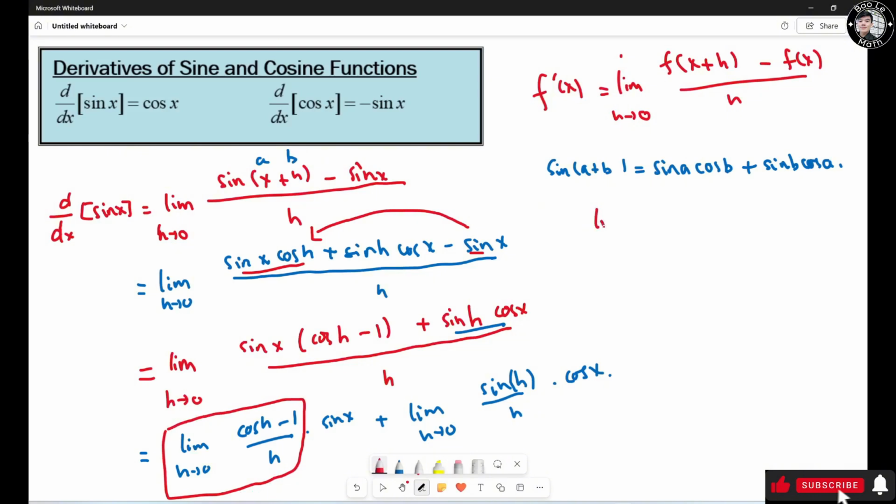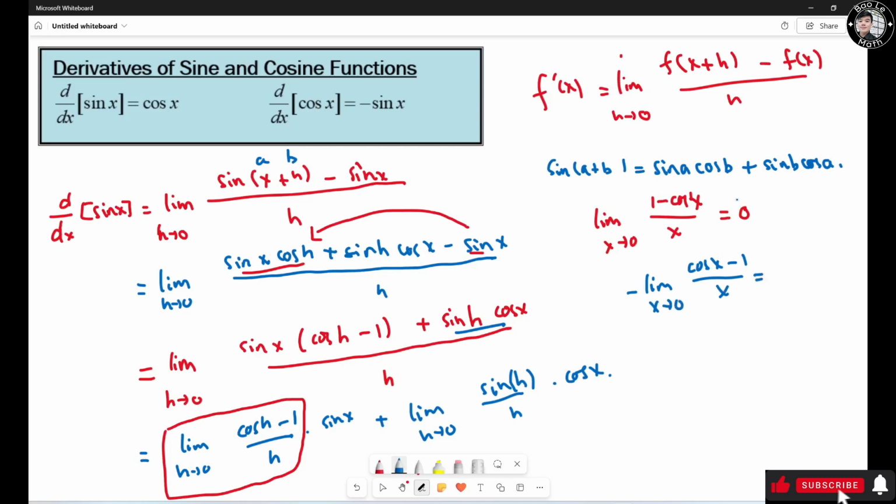Now we learned before that this limit is actually 0. We have the formula: the limit of 1 minus cosine s over s when s approaches 0 equals 0. I just factor negative 1 out, so it's negative the limit of cosine s minus 1 over s when s approaches 0.